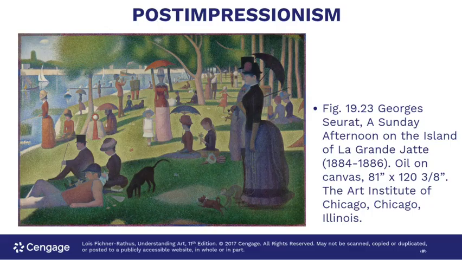So it is a subject matter that's similar to Impressionism. However, this is not so much the spontaneous painting found in Impressionism, but more a tightly controlled scientific approach to painting. Seurat's technique is called pointillism, and he applied the paint in really small dabs or points of pure color.